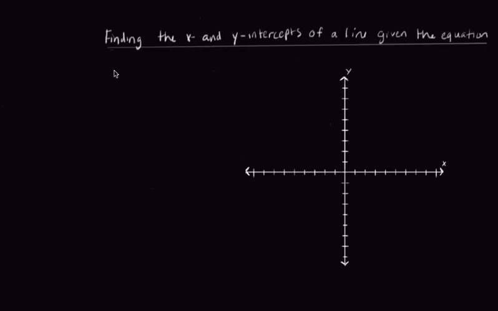So now I want to talk about finding the x and y-intercepts of a line given its equation. Let's first talk about what the x and y-intercepts actually are. So the x-intercept is the place where the graph crosses the x-axis.